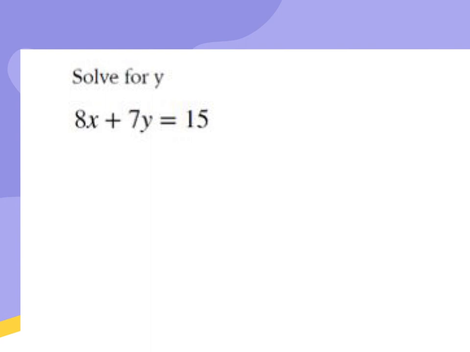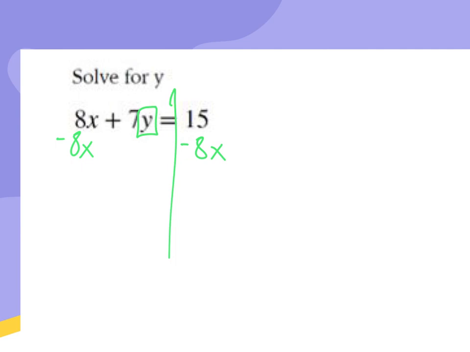Solving for y. First thing I'm going to do is box in my y. The first thing I want to move is the 8x, right? It's the furthest thing away from this. So how do I move the 8x over? Subtract the whole 8x. Close.